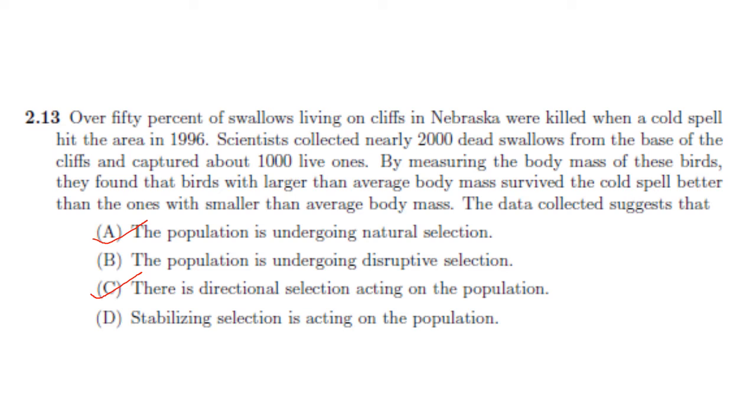Then, stabilizing selection is acting on the population. Stabilizing selection will favor the average, the one which is on the mean, that is, a character somewhere between the larger and the smaller one. Intermediate size will be favored, but they have not told anything about the intermediate size. So stabilizing selection acting on the population is not correct.